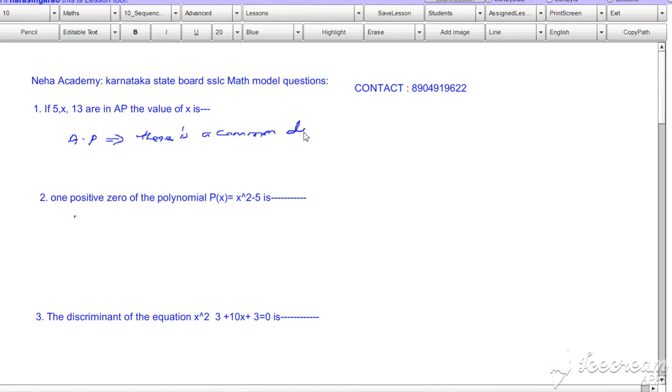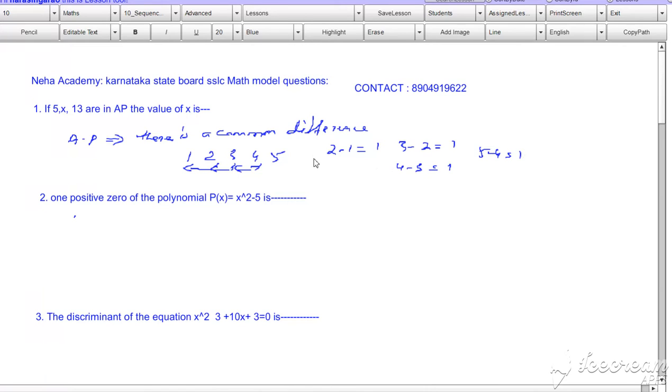So students, whenever you get in school, your teacher will teach arithmetic progression of the type 1, 2, 3, 4. See, this is also an arithmetic progression. If you find the difference between two consecutive terms, like 2 minus 1 is 1, 3 minus 2 is 1, 4 minus 3 is 1, 5 minus 4 is 1.